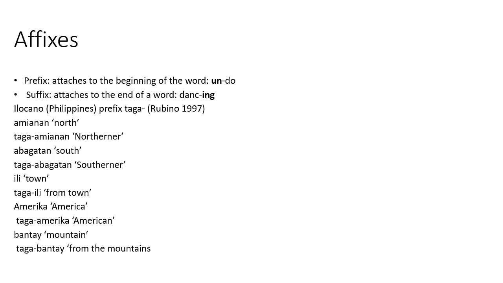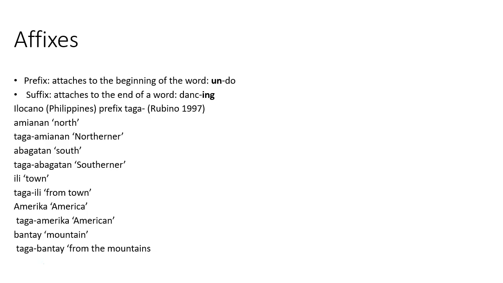If we look at the word ili, then we can add taga, and it means from town. So this time it's used as a sort of adverbial, coming from the town. If we have America, which is Ilocano for America, and we add taga America, that means one who is from America. So it is the prefix, I'm sorry, to denote somebody from that place.